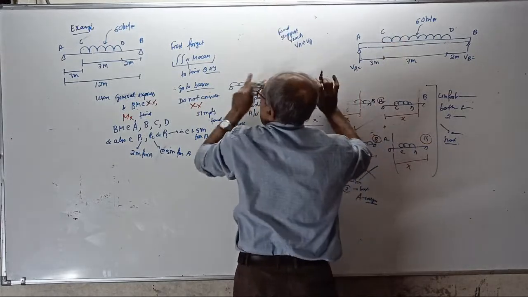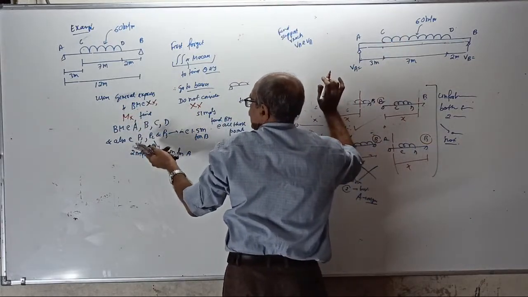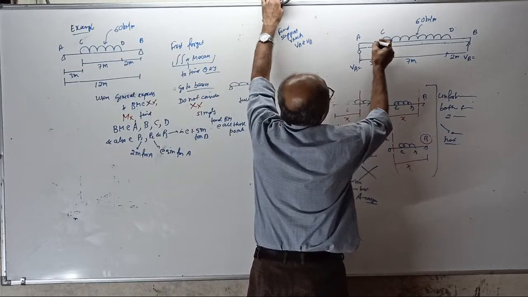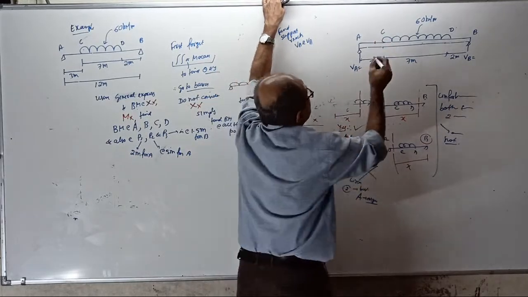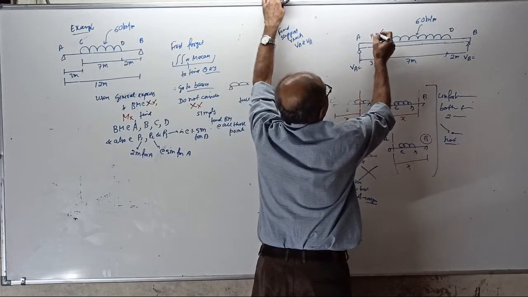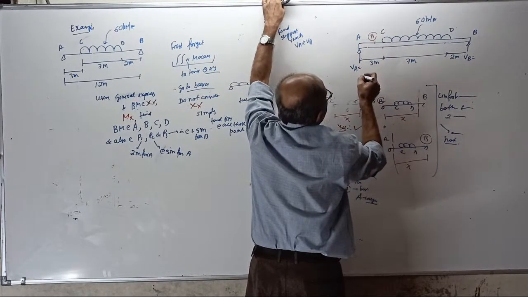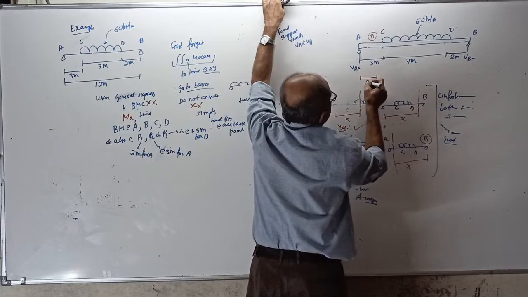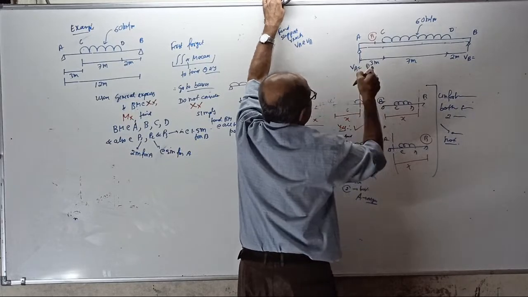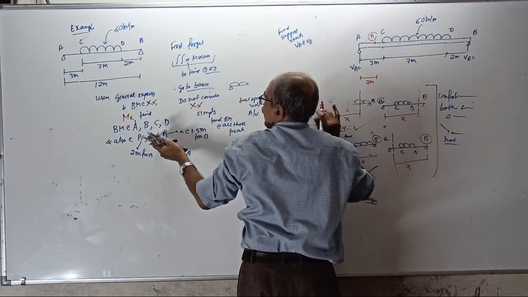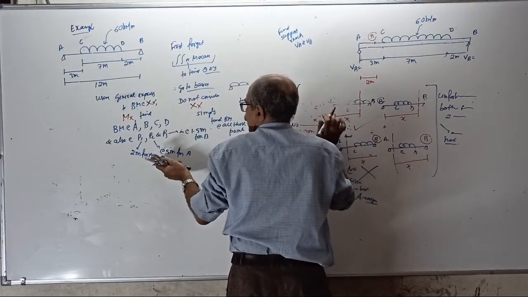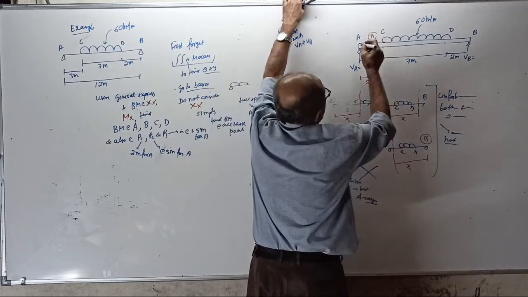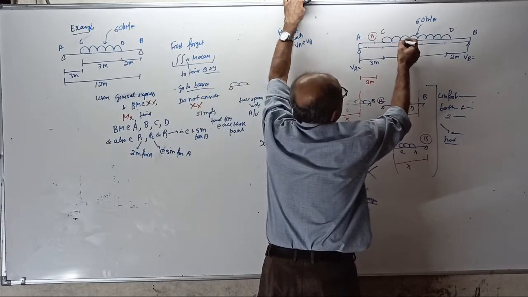See, one extra point is at 2 meters from A. Light line here. This red is to identify that it is extra. It is the point P1. Somewhere here mark. This is 2 meter. The next extra point is P2. Where is P2? At 5 meters from A. 5 meters from A means your P2 is here.